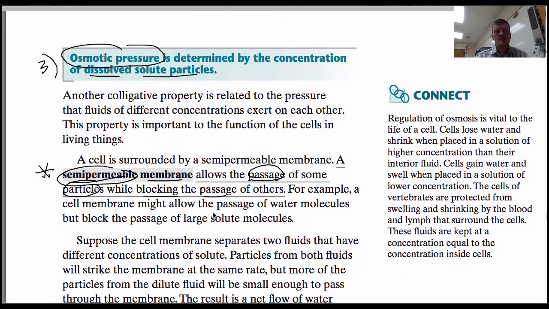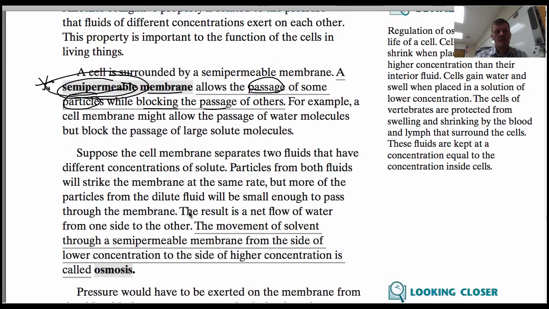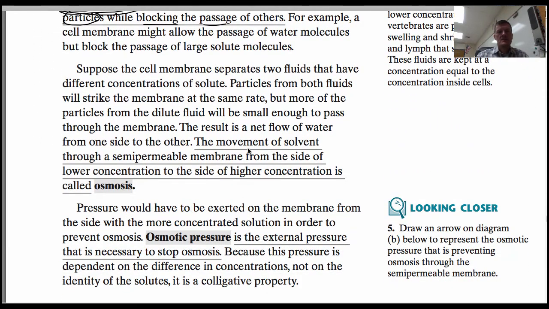Okay? So osmotic pressure is related to what is called osmosis. Osmosis is the passing of some particles through a semi-permeable membrane. Okay? So the movement of solvent through a semi-permeable membrane from one side to the other side. It's always going to go from the side of lower concentration to higher concentration.